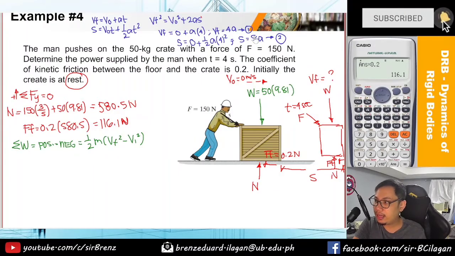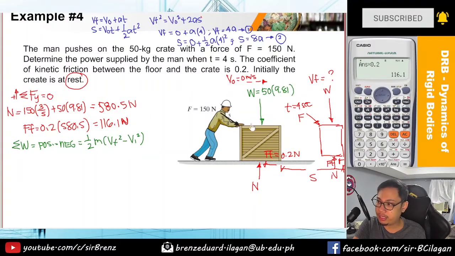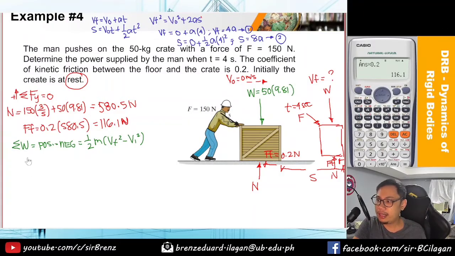So, with that, pwede nating substitute tong 1 and 2 dito sa summation ng work natin. Okay? Or sa work and energy method. Positive work. Okay? So, again, balik tayo dito sa figure na to. So, yung positive work, ito yung mga forces na tumulong para gumalaw yung ating crate papunta sa kanan.